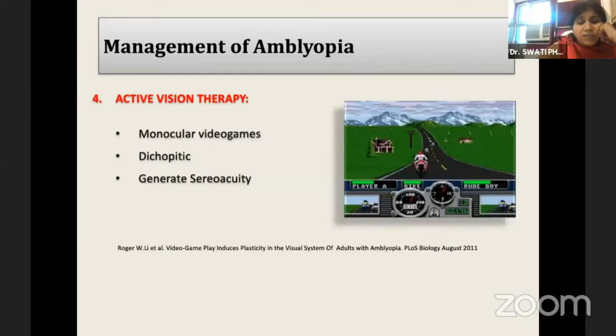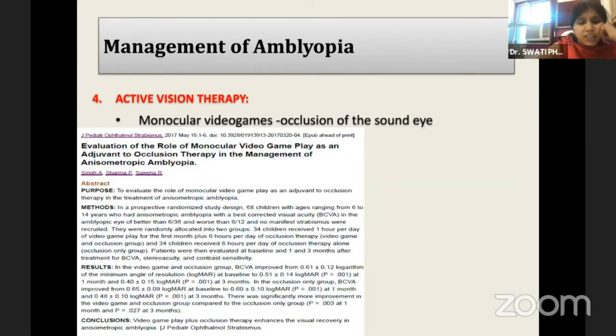So we have monocular video games, we have dichoptic video games, and we have video games that may help in the generation of stereo acuity. This was a study conducted at our center where we found that the patients who were on treatment with occlusion as well as video games showed more improvement as compared to the patients who had only occlusion as therapy.